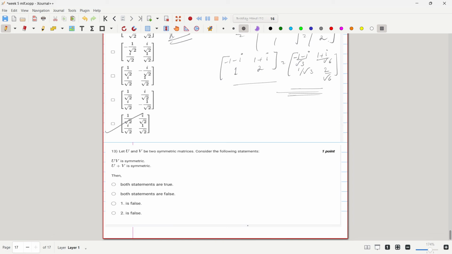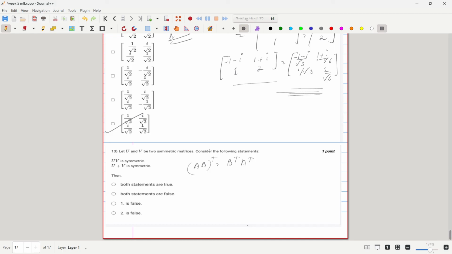Now let U and V be two symmetric matrices. Consider the following statements: UV is symmetric and U plus V is symmetric. So suppose AB transpose will be equal to B transpose A transpose.